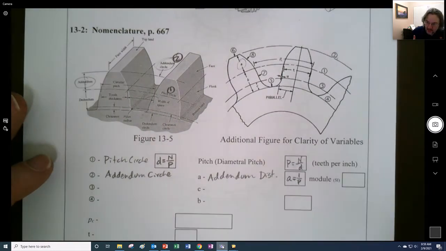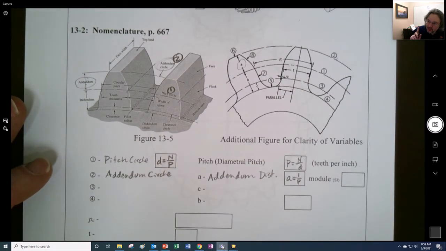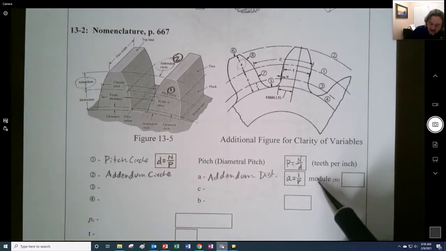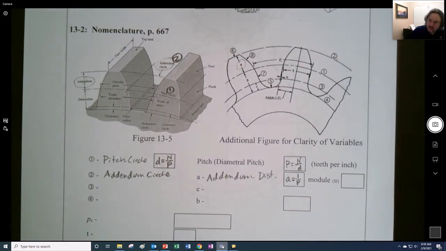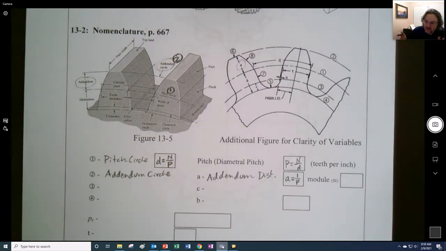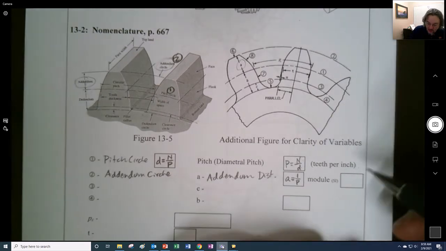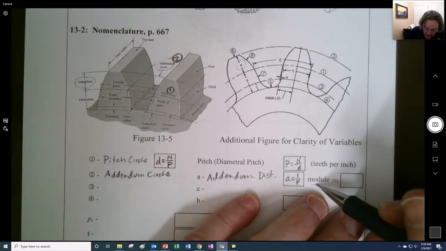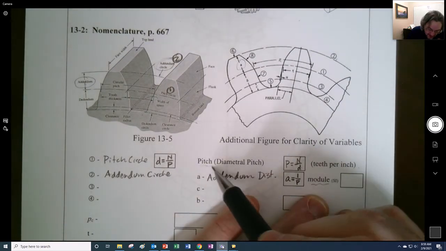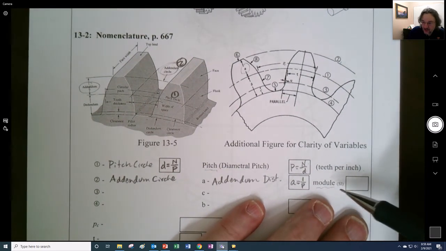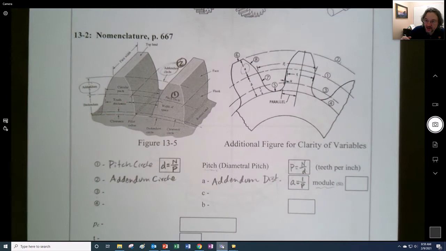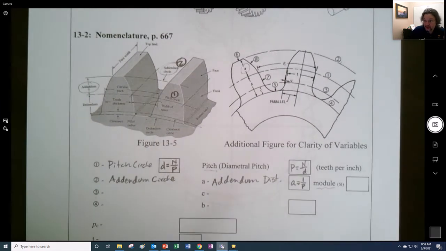Now, when it comes to SI gears, they use something called the module instead, and that turns out to be the distance of the addendum right there. So, they use module instead of pitch to classify and categorize. So if you were to go to a gear catalog, it would be arranged by module. You can only use gears that are of the same module together.